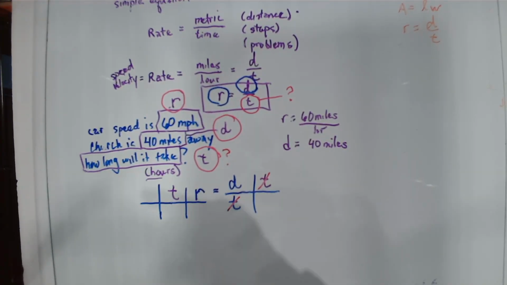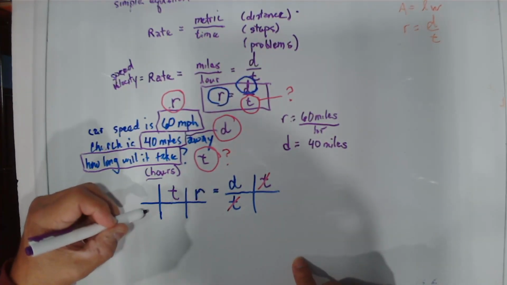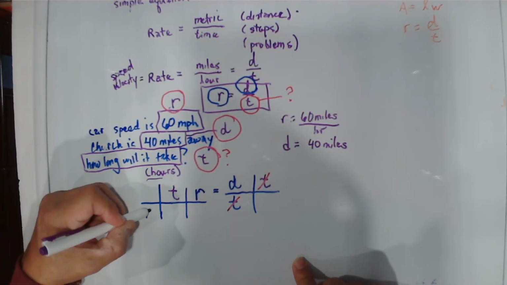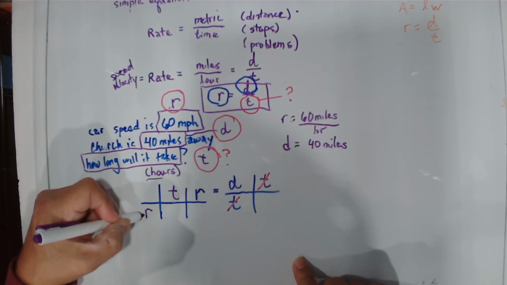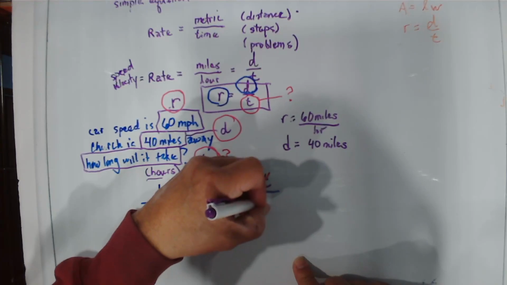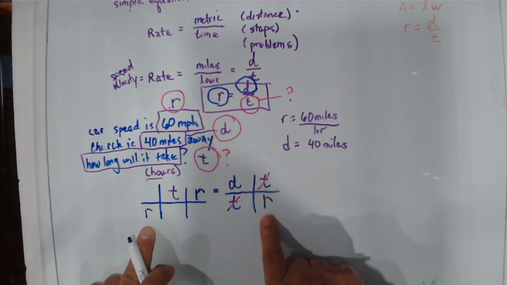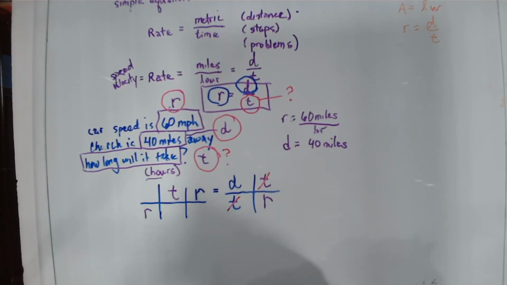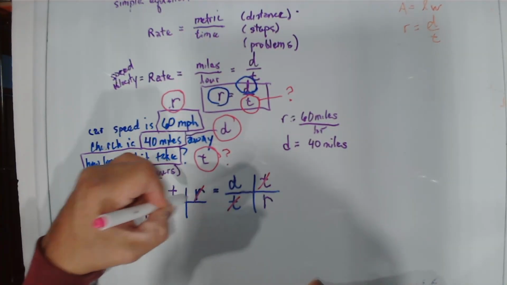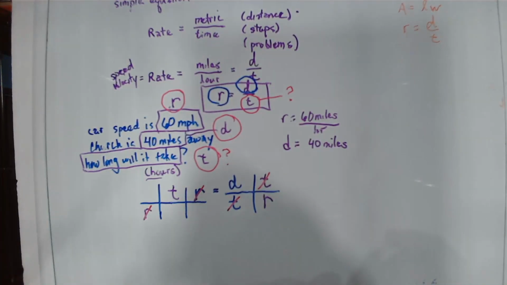How do we get rid of the R? Well, we do the same type of thing. We're going to put R on the bottom, and since we're dividing this side by R, we're going to divide this side by R. Okay? So we divided both sides by R, so that means that we kept it balanced. And let's see what happens. You see this R cancels out, and this R cancels out.